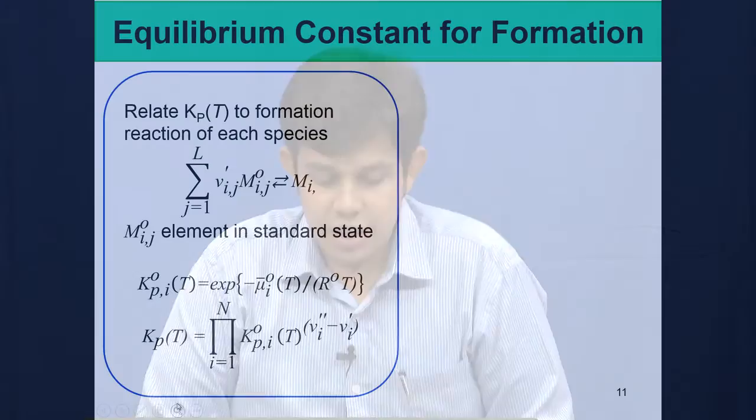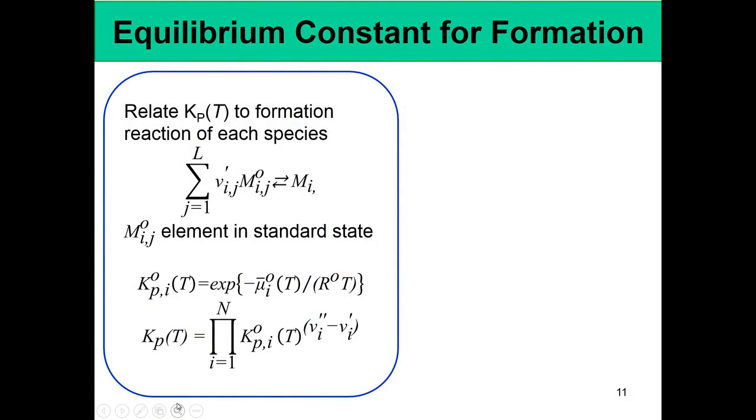Now, how do you obtain Kp? Of course, there are numerous kinds of reactions that are possible, so it is very difficult to write down the Kp for each of them. The best idea is to basically estimate it somehow. We can define a Kp for the formation reaction of each species.